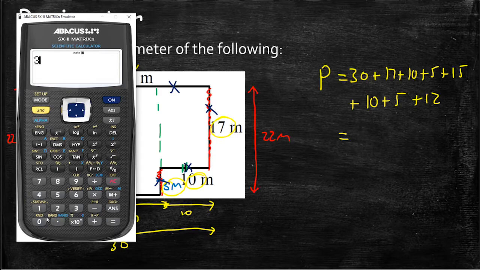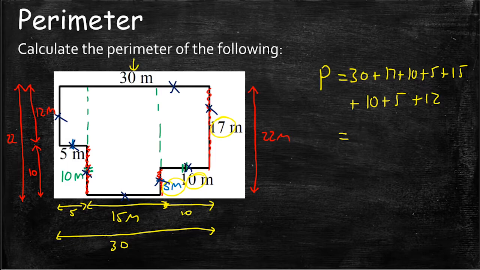So we're going to go 30 plus 17 plus 10 plus 5 plus 15 plus 10 plus 5 plus 12. That gets me 104. So the length around this shape, the perimeter of this shape, is 104 meters. Again, it's meters because all of our units are in meters.